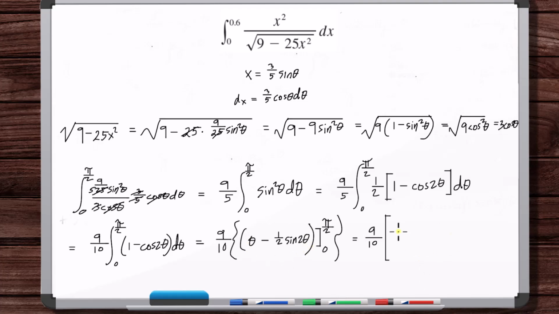So we're going to evaluate this at pi over 2: pi over 2 minus 1/2 sine of pi. Sine of pi is 0. So this is 9 over 20 pi.